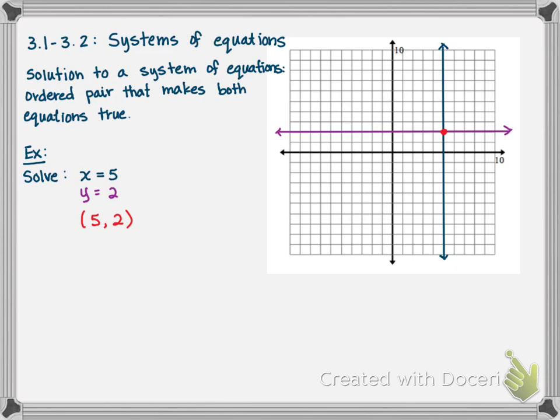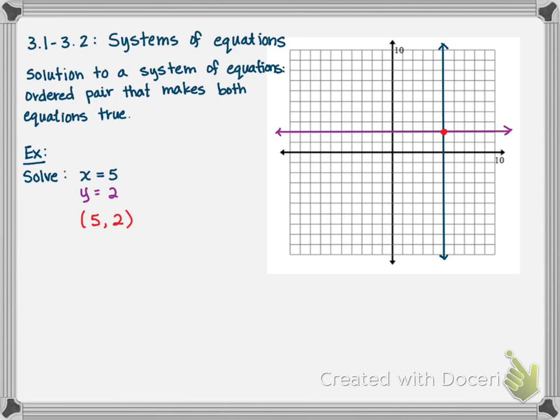This is the simplest example because we just have a vertical and a horizontal line. But in general, the same is true. If we have 2 lines that intersect, the point where they intersect is a solution to both equations because every point on each line is a solution to its respective equation.